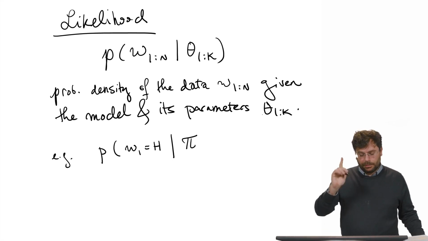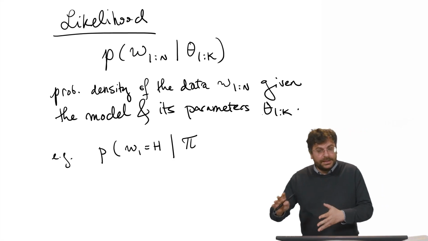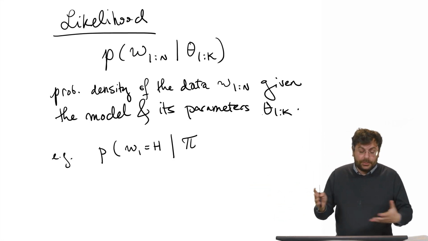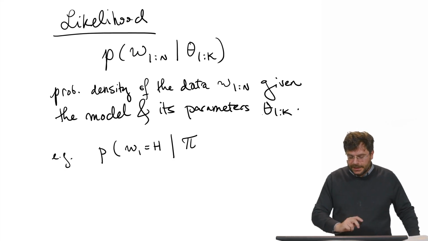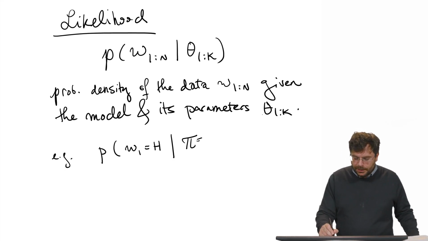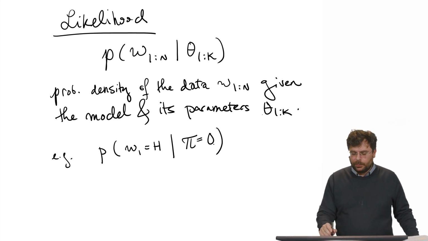Coin flips have one parameter, the probability of heads. And I know that the probability of tails is 1 minus the probability of heads, which is why I'm saying it's one parameter. So what is the probability of heads given a pi of 0? That's weird. That's saying that the coin will never flip heads.